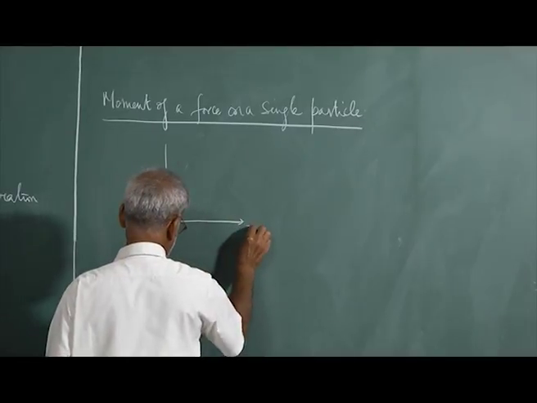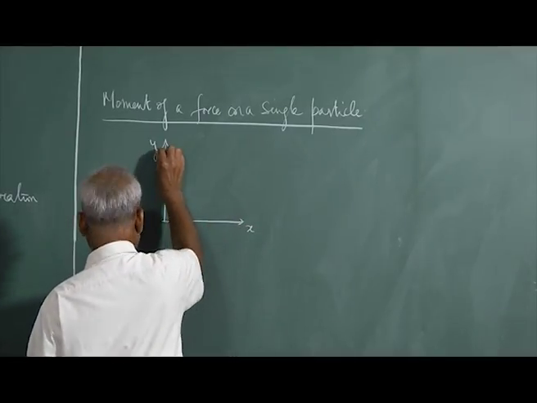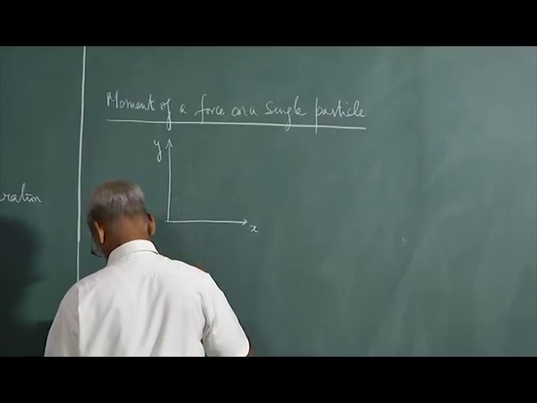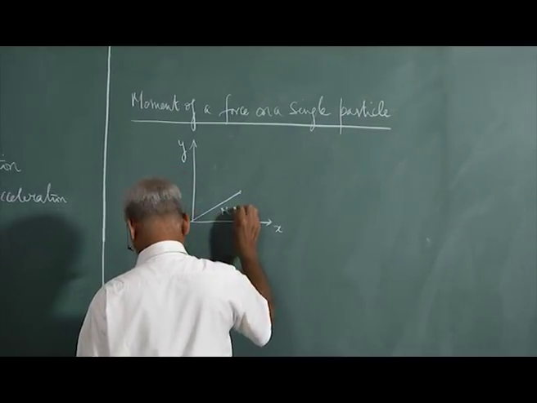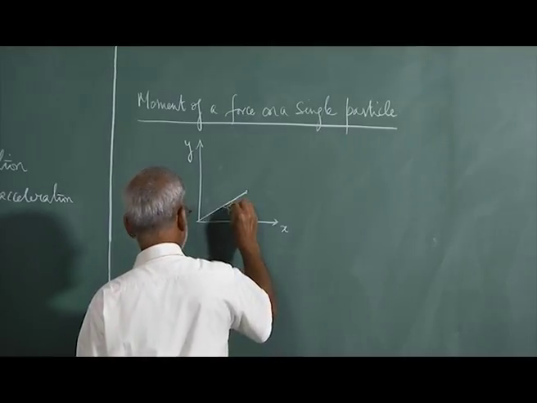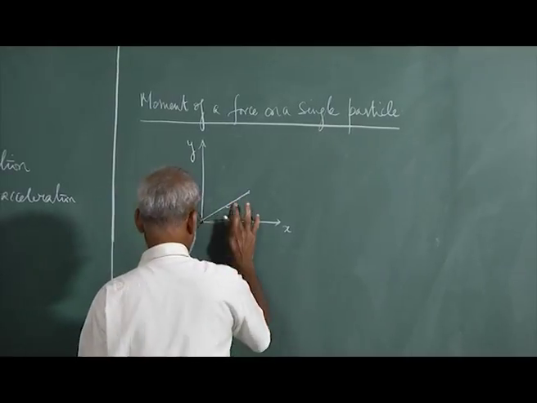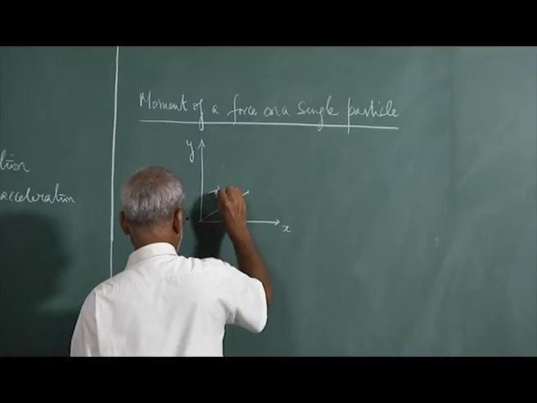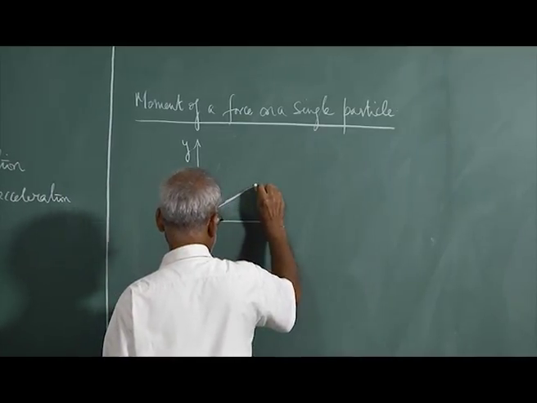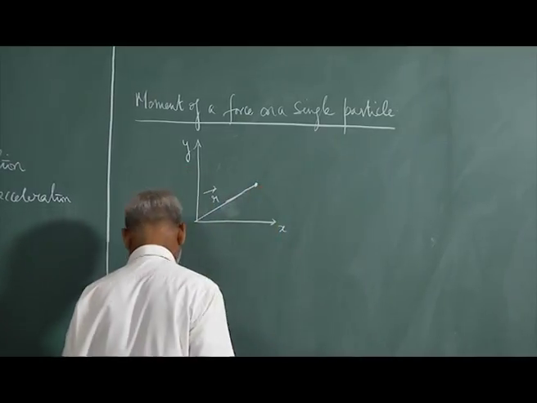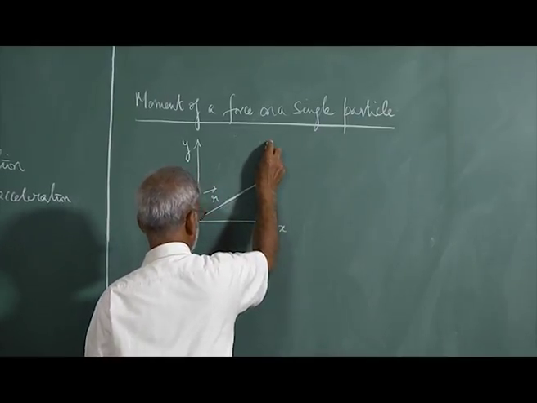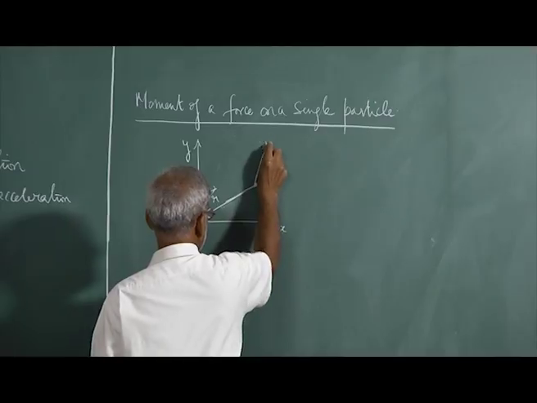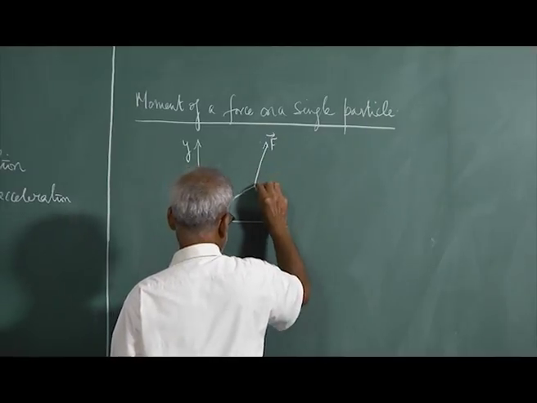This is the x axis, this is the y axis. So I have the particle here, this I will call the r vector, and this is the particle here. Then there is a force acting like this. This is the F vector.